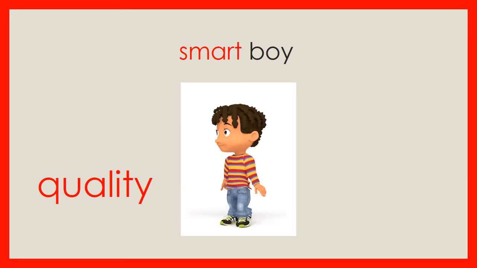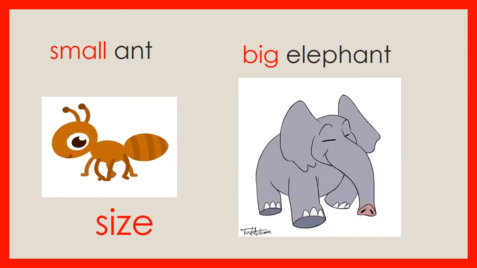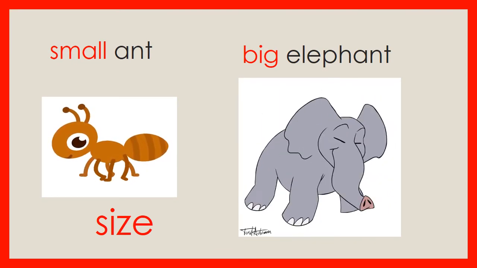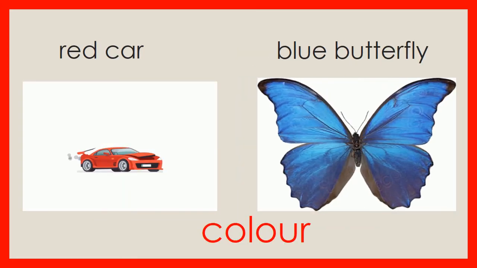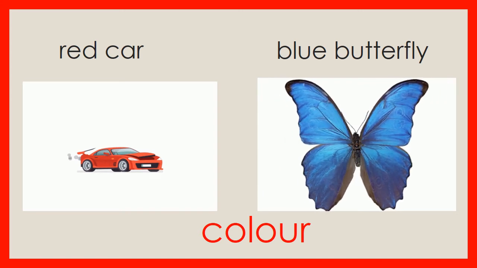For quality, we can say smart boy. Then for size, we can say small ant, big elephant. For color, we can say red car, blue butterfly.